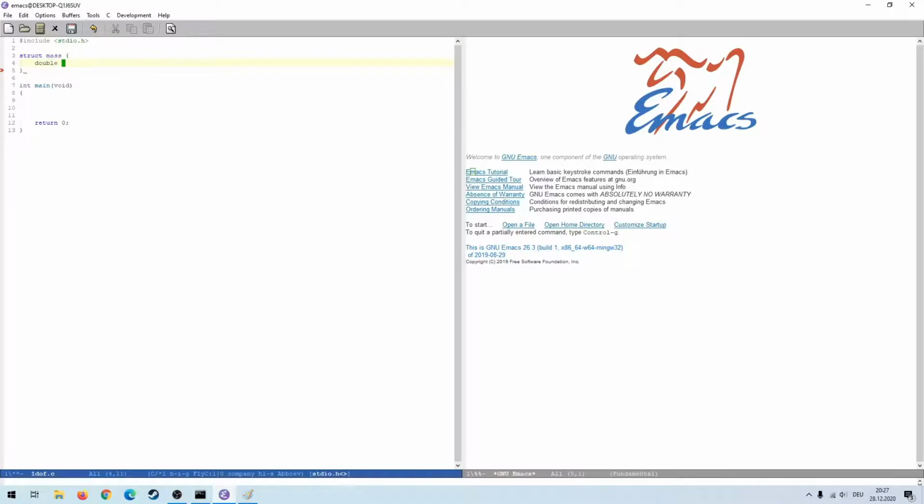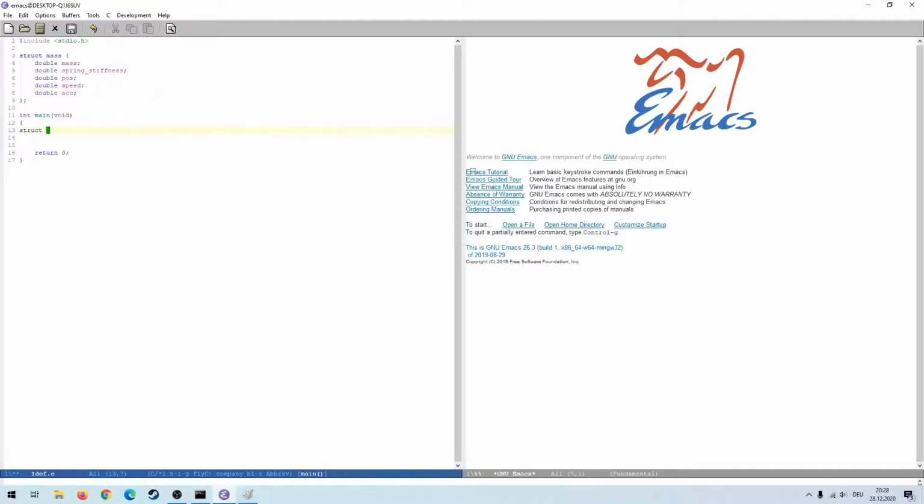So let's go. We start with the mass, then we have the spring stiffness, we have our position, we have the speed of the mass or the velocity, we have the acceleration. And that's it.